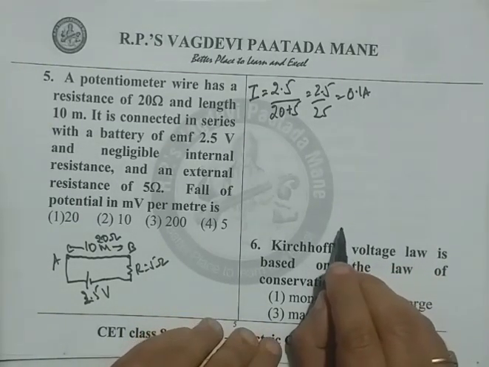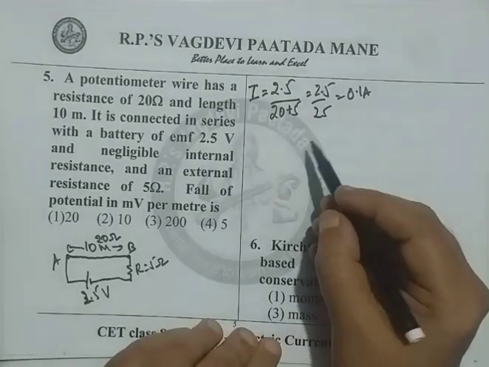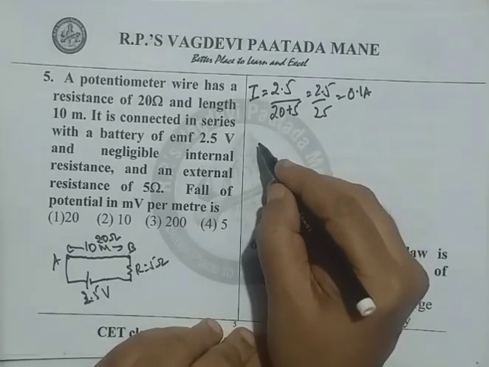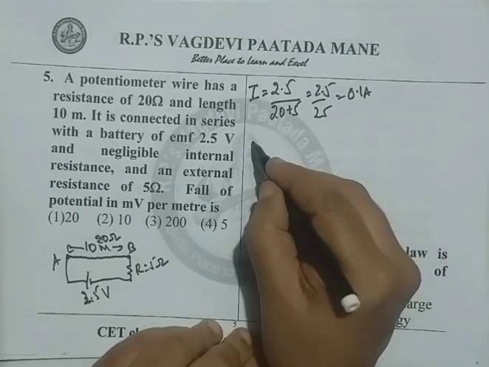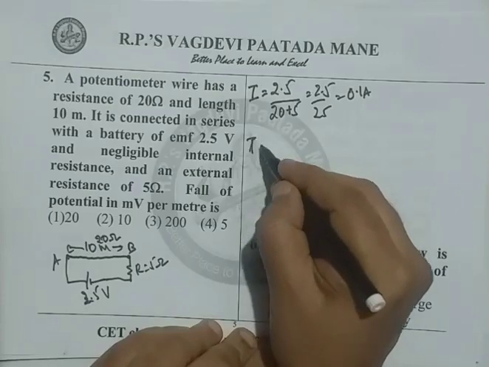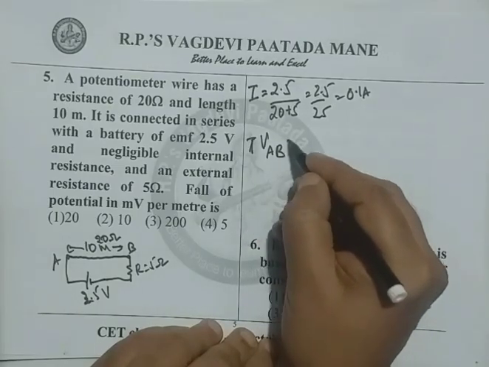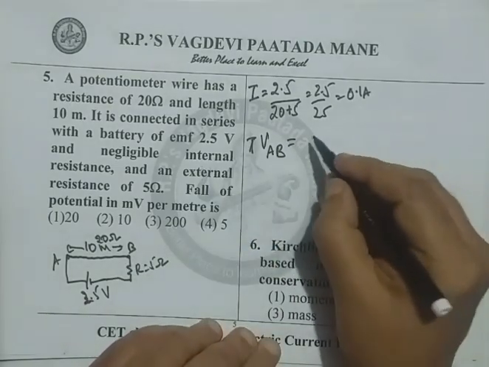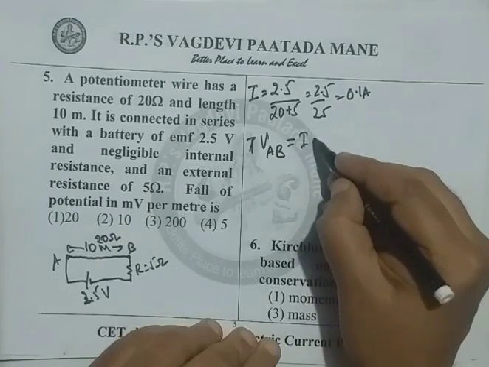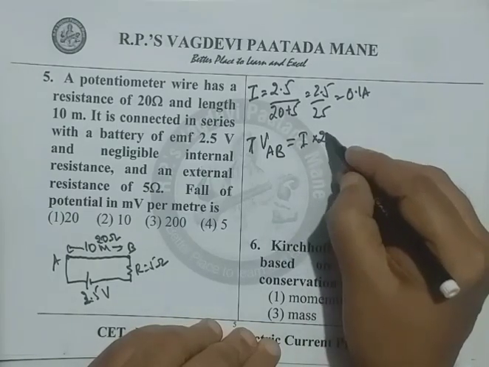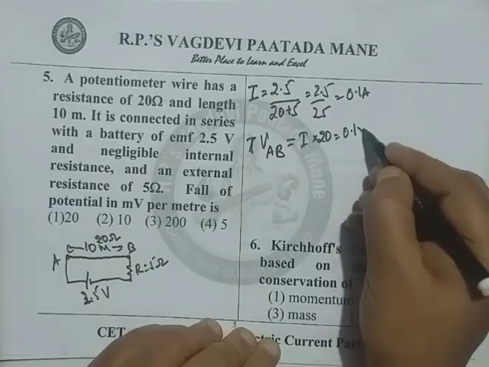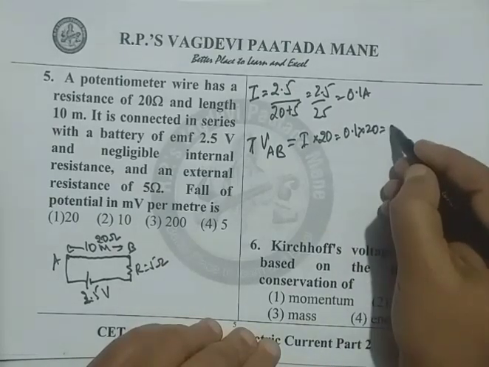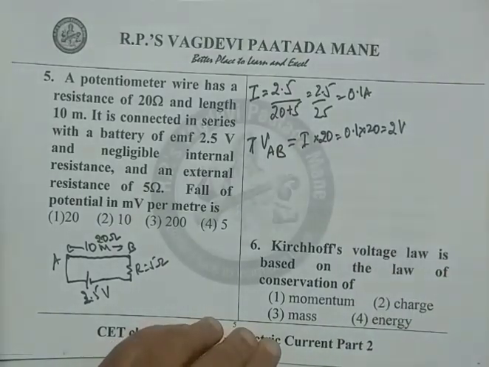Once current is known, we can write the potential difference across AB. VAB is I into 20 ohms, 0.1 into 20, which is 2 volts.